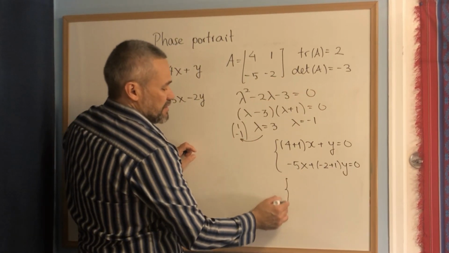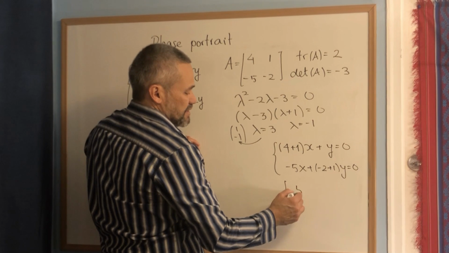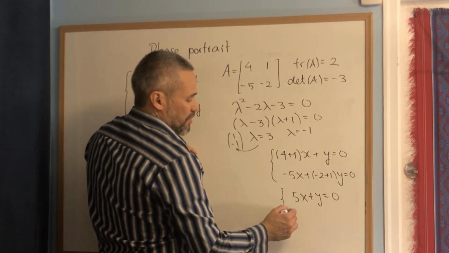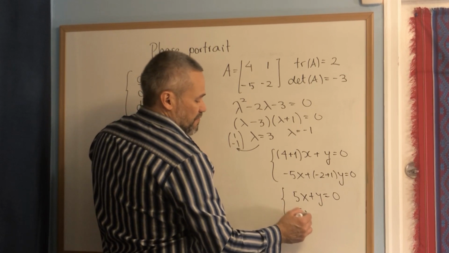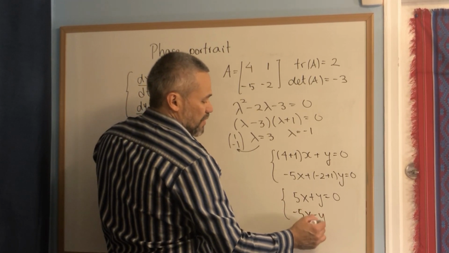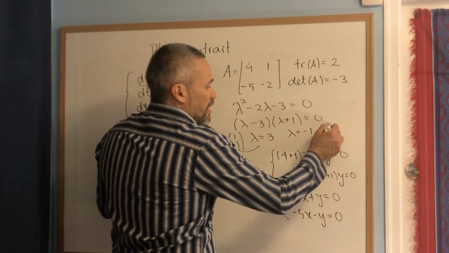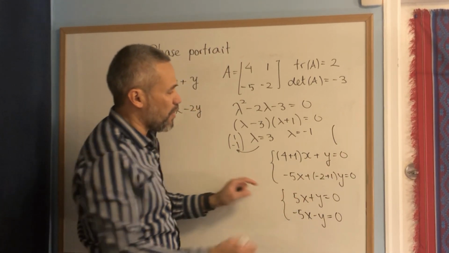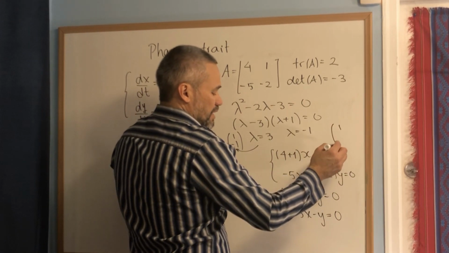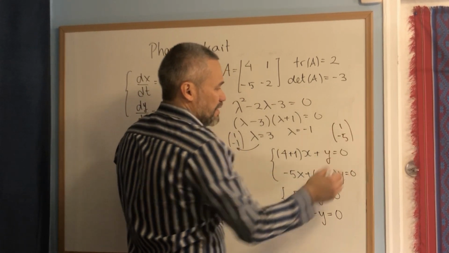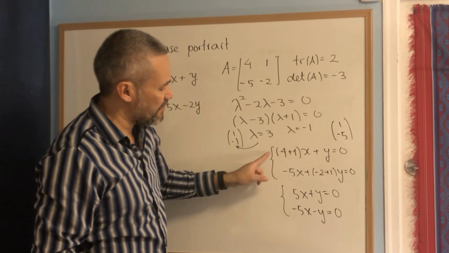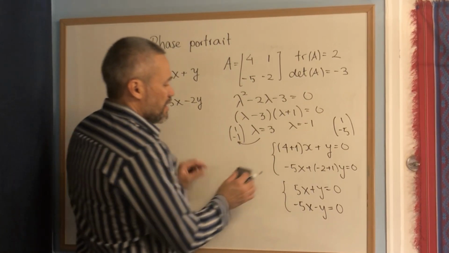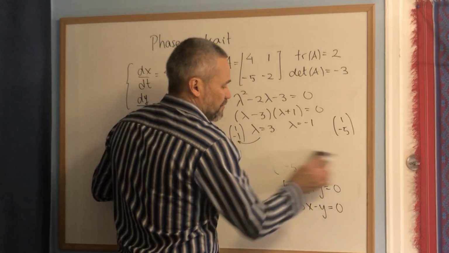If everything is okay, these two equations are supposed to be essentially the same: 5x plus y equals 0, and the other one is negative 5x minus y equals 0. One possible solution is x equal 1 and y equal negative 5. That satisfies both equations, and then we have our second eigenvector.